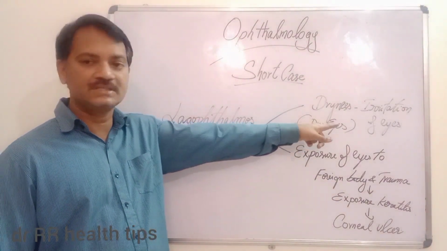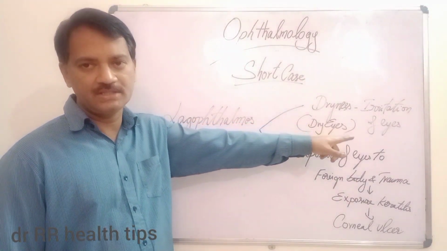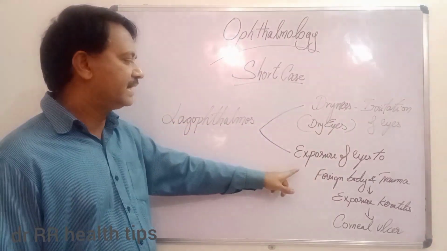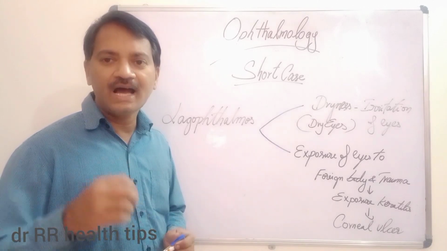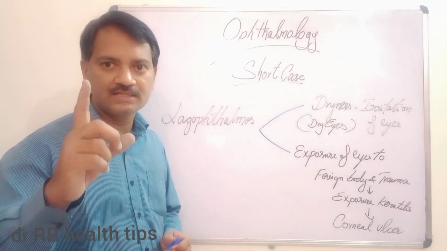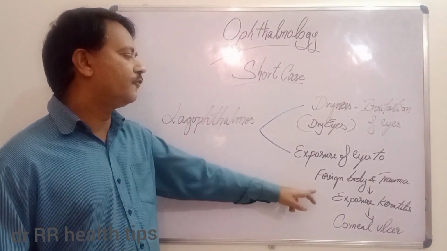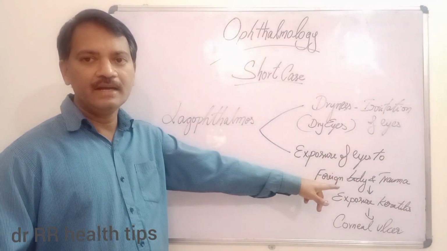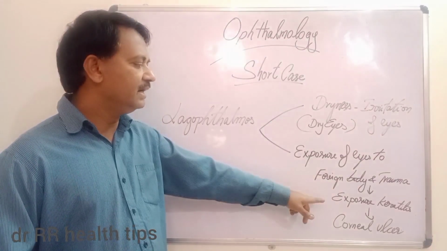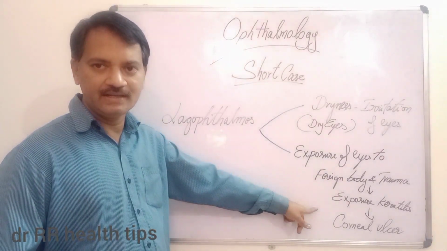The patient will present with irritation of eyes. The second thing is, the eye is exposed to all the atmospheric dust particles and foreign bodies, and it is easily getting traumatized, leading to exposure keratitis.